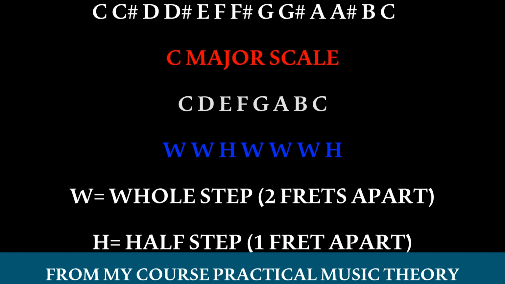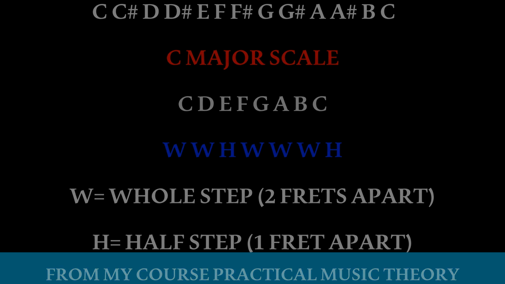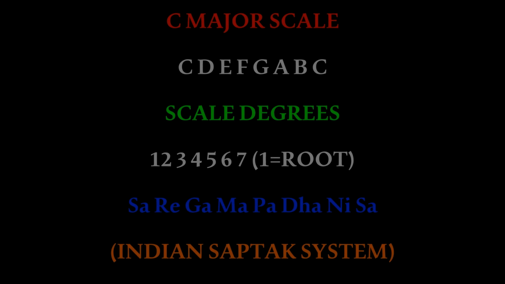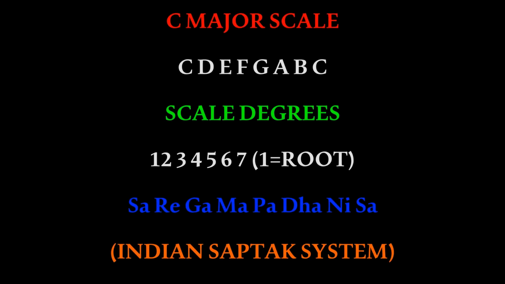And then lastly between B and C we have a half step again because there is no sharp or flat between B and C. So we get this formula to form a major scale, which is whole, whole, half, whole, whole, whole, half.